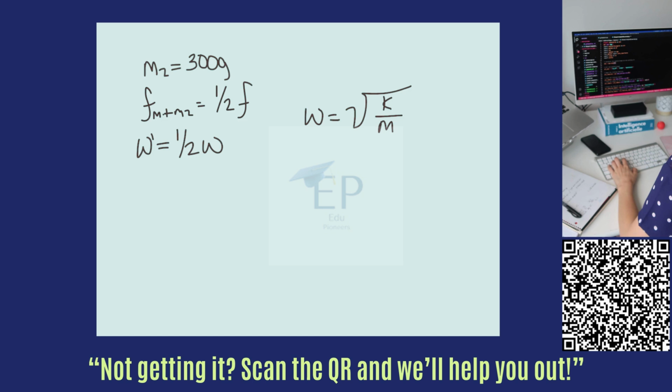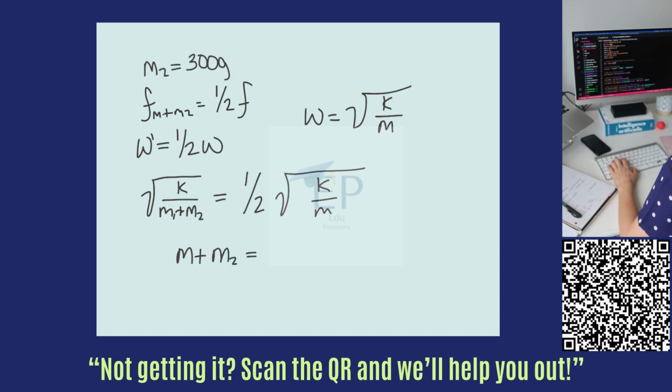Now, since it's 1/2, we can create the equation where we have the square root of k divided by our original mass plus our second mass is equal to 1/2 the square root of k over our original mass, or our original frequency. We can square both sides and simplify it, and we would end up with our original mass plus our additional mass is equal to 4 times our original mass.